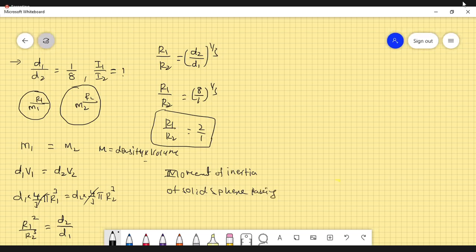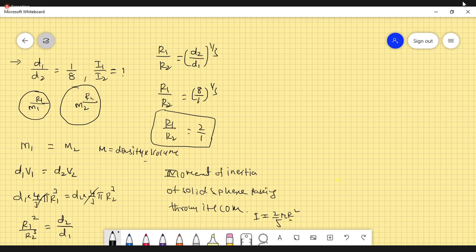That equals 2 by 5 m r square, where r is the radius. That is the formula.